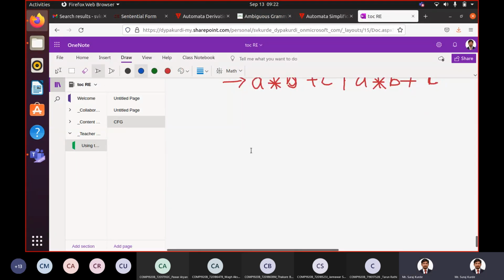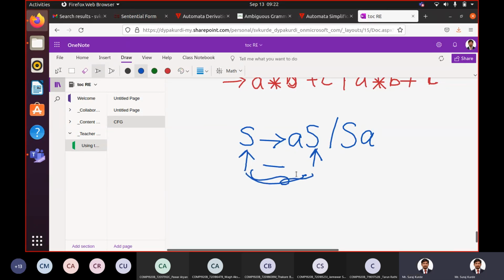So here, S produces AS, or S produces SA. This S is there and this is S, the same non-terminal. Again, this is the leftmost symbol here, and here it is rightmost.